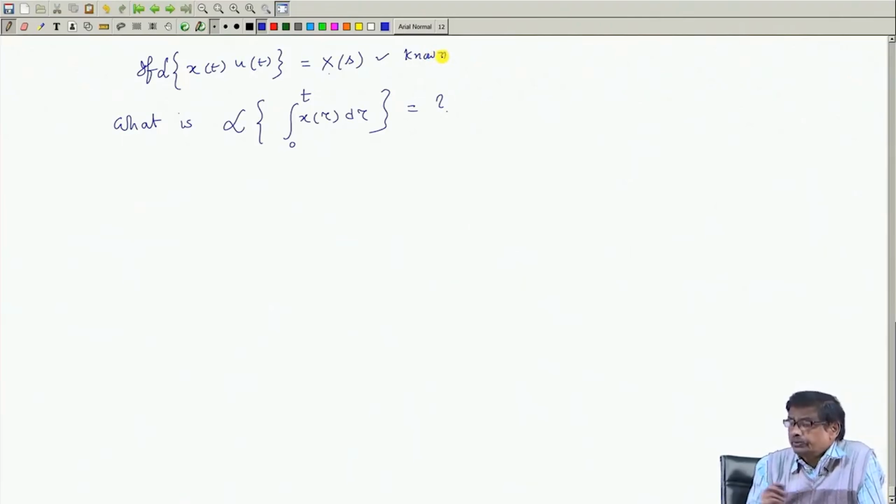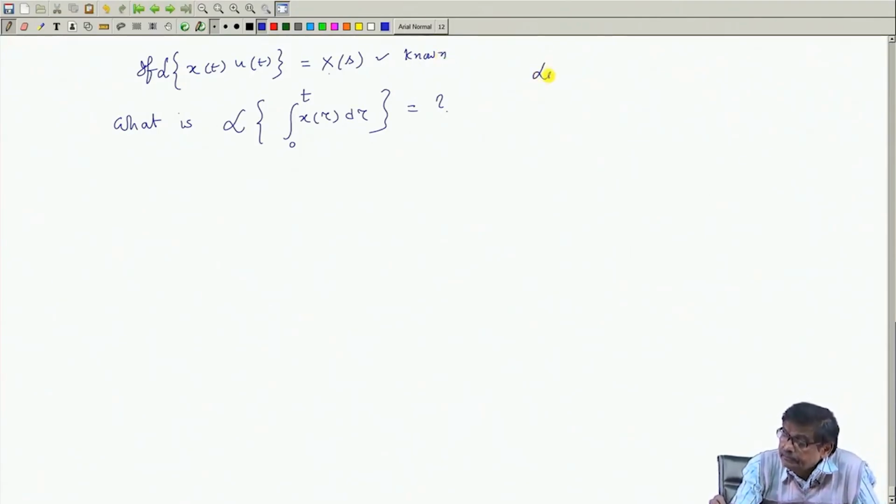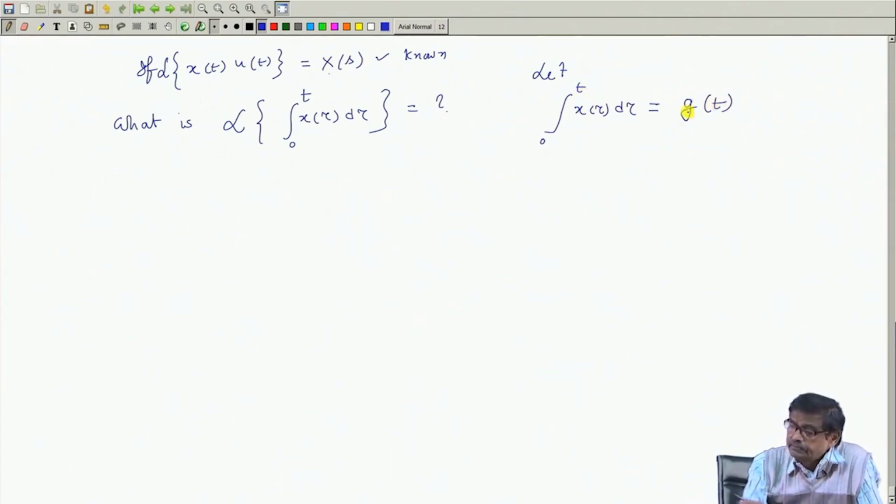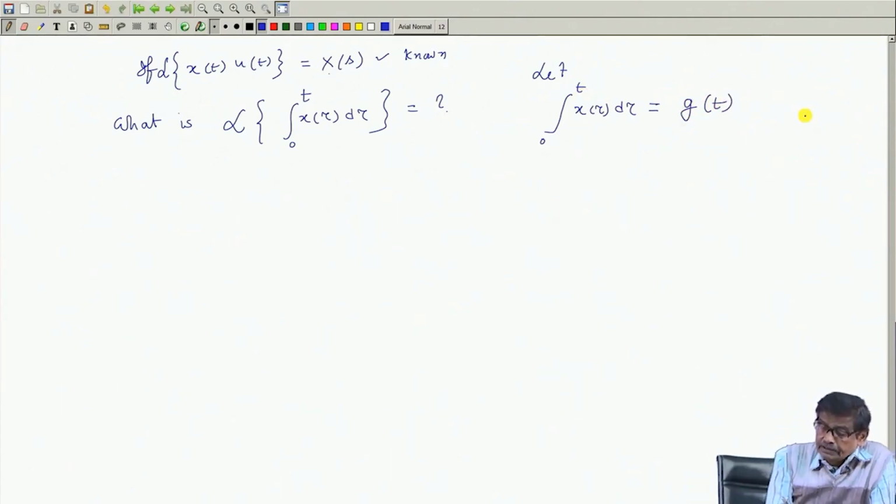First step, what I do is this: let this integration from 0 to t, this function whose Laplace transform is necessary, x(tau) d tau, and obviously it will be a function of time t. Let this function be g(t). Then what I am trying to calculate is the Laplace transform of g(t).